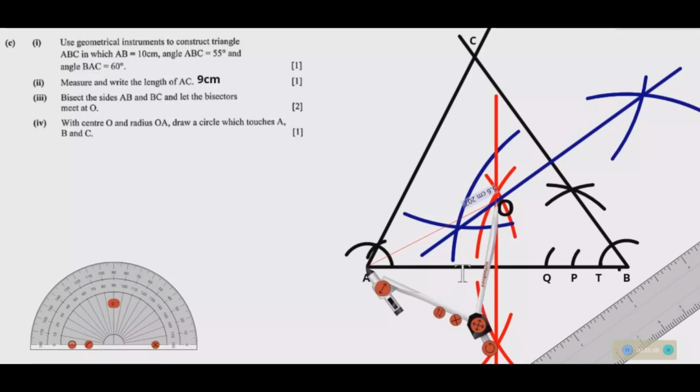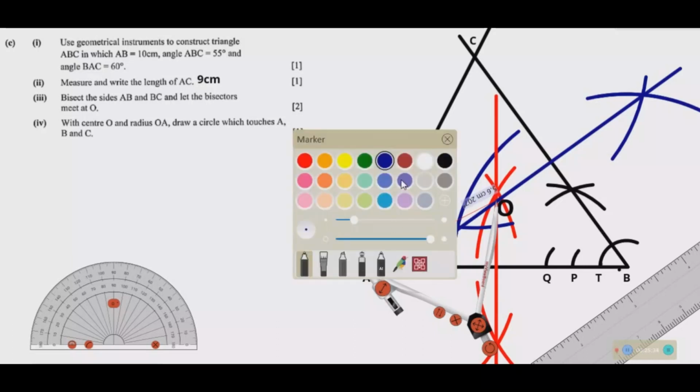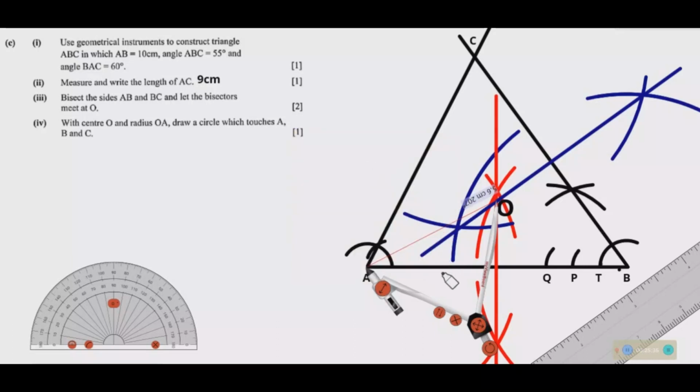So to draw a circle, I'm going to use a different color. Okay, I'm going to use green. So they're saying with the center O and radius AO, draw a circle which touches A, B, and C. Okay, so let's draw that circle that will touch those points.